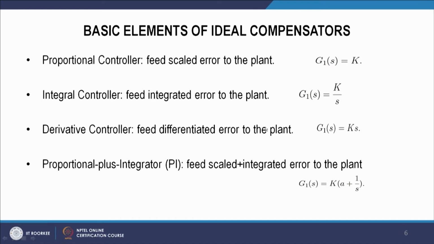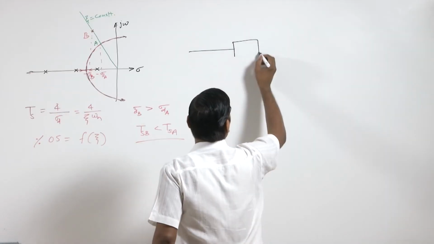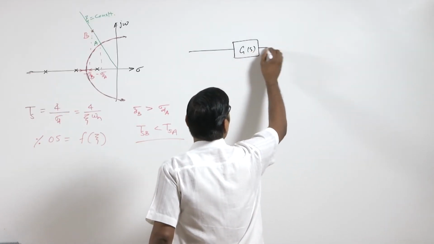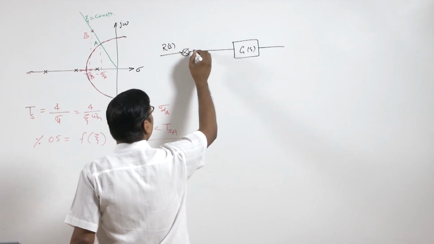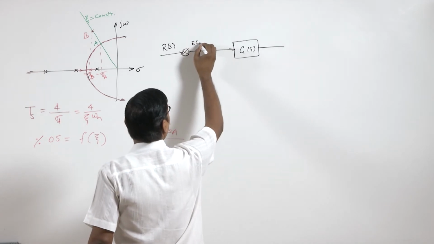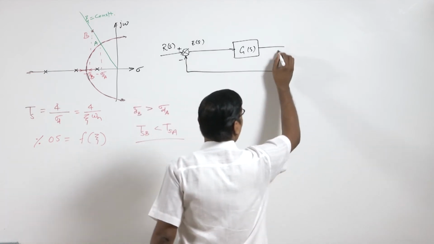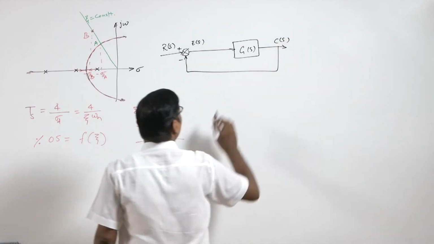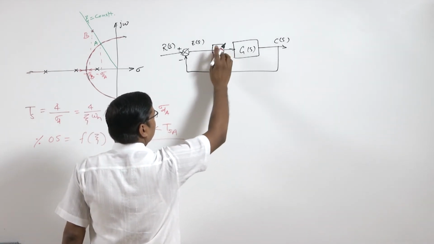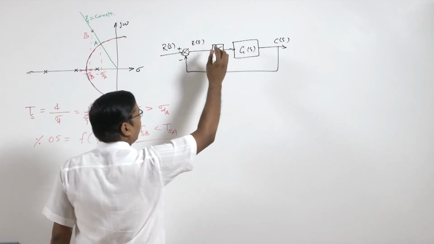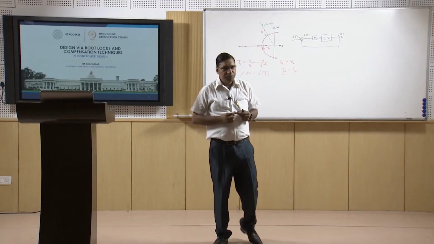So if we have here our input, this is our E(s), and if we add some proportional compensator, let us say K, then K times E(s) will enter the input of the plant.